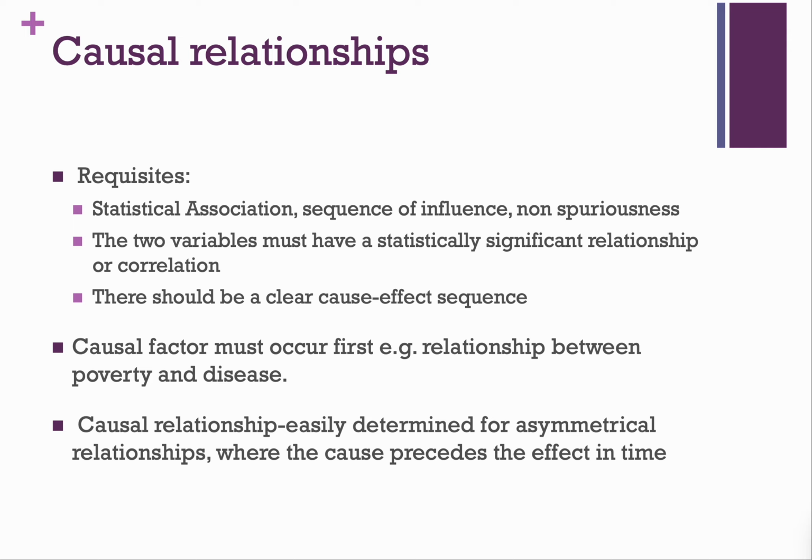A causal relationship is easily determined for asymmetrical relationships where the cause precedes the effect in time, because it is time related, right? Only when a person is poor and has spent maybe 2 or 3 years in poverty will they start experiencing diseases. They may not experience diseases on the first day of poverty.